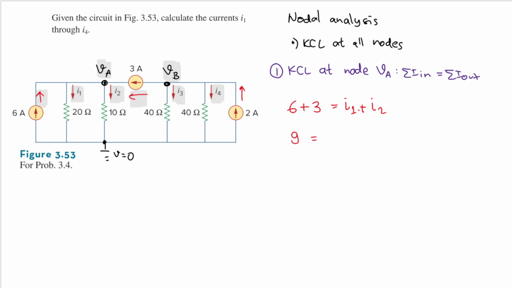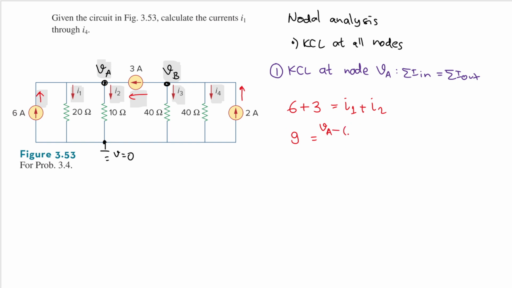But then we need to calculate I1. But we don't have I1 here. We only have the voltage and a resistance. So we can use Ohm's law to do this. So we will have VA. VA is where the current comes from. It comes from this node, right? Which is VA. And then minus where the current goes to. This is 0.